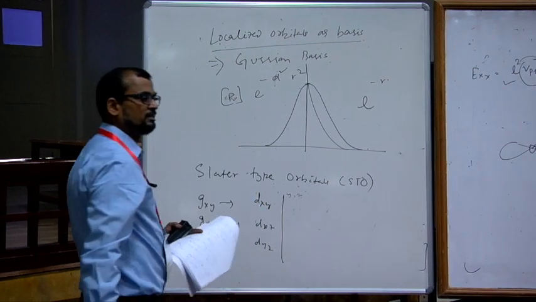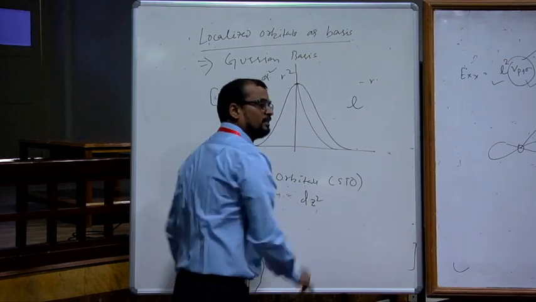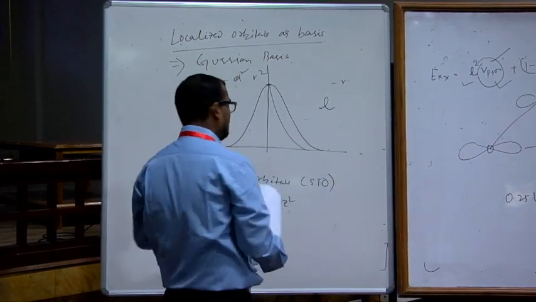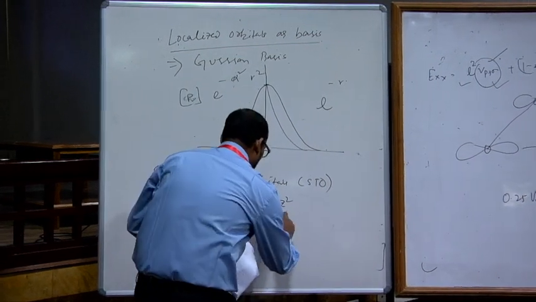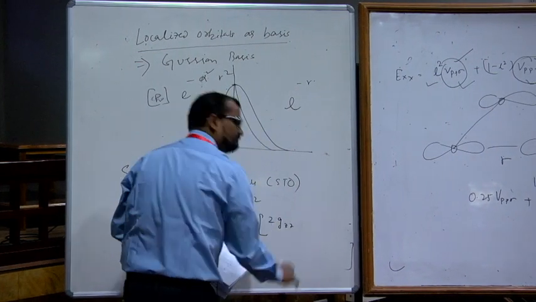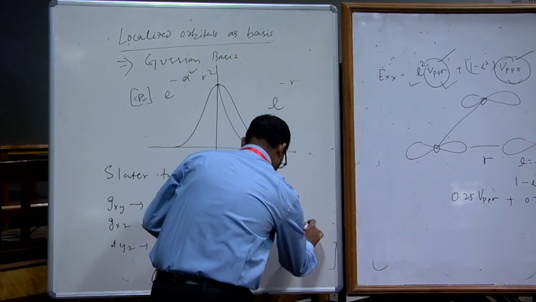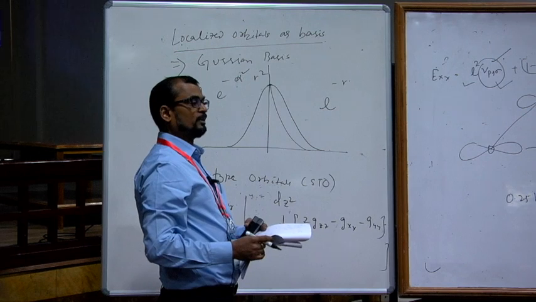On the other hand, if you want to produce a d_z square, I mean the 3z square minus r square orbital, then you cannot rely on one or the other. Rather, what you do is the following. You take 1 by 2 of 2g_zz minus g_xx minus g_yy. That will resemble the d_z square orbital.